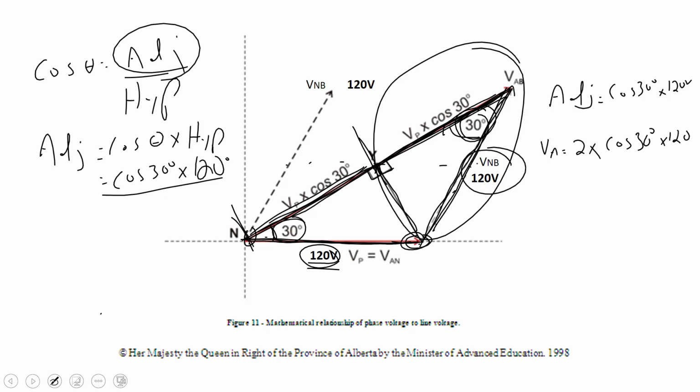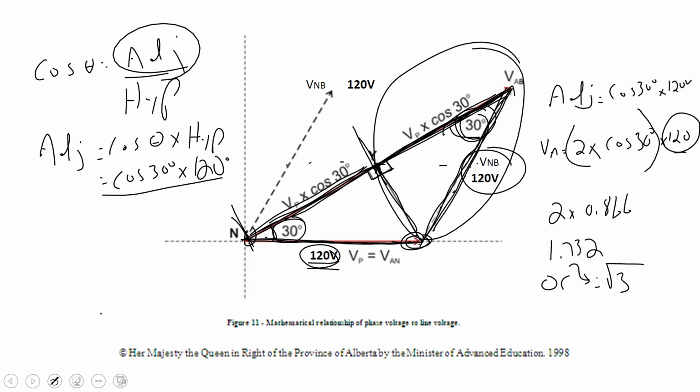All right. So if I were to figure out what 2 times cosine theta is, 2 times cosine of 30 degrees is 0.866, it comes to 1.732, which we know is the same as the square root of 3.